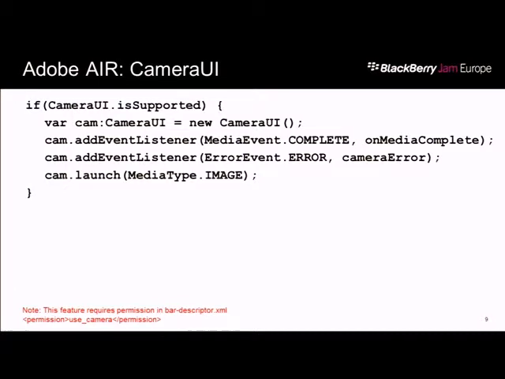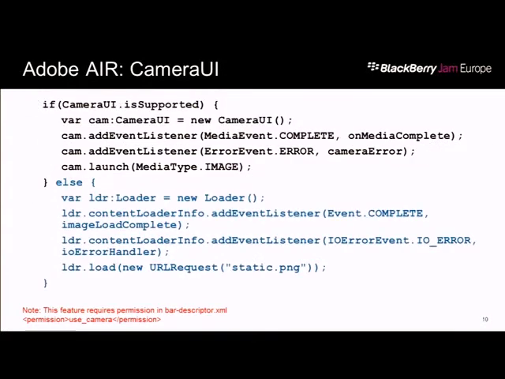If it's not supported, we can take a second plan and decide what happens if the camera is not available. Maybe you can get a fallback that opens a static image, so your application can run, but without the camera.